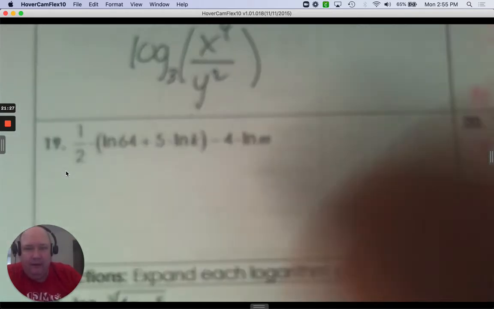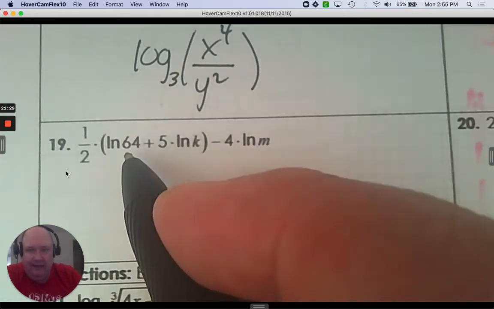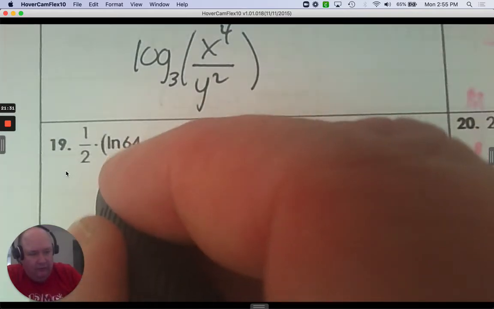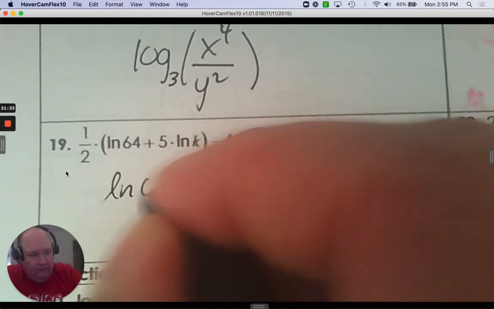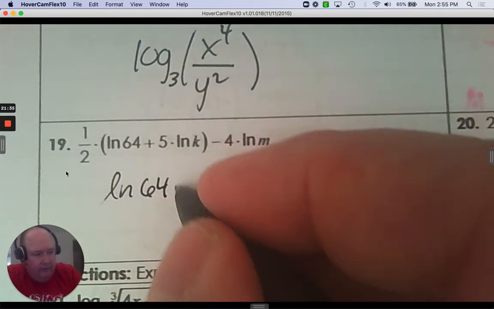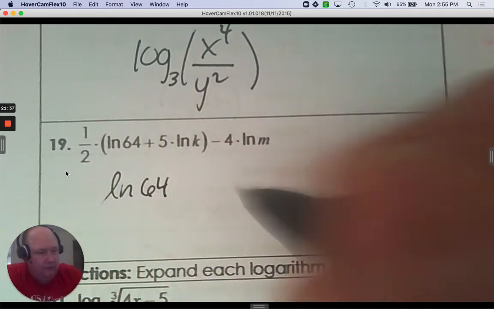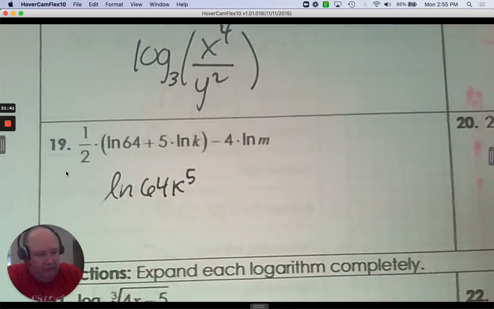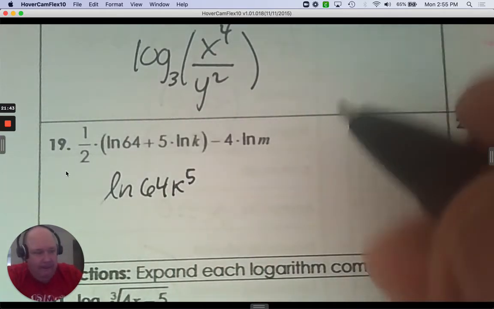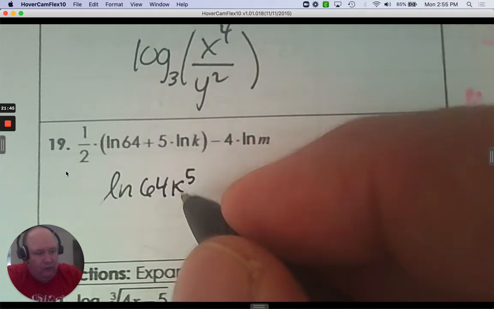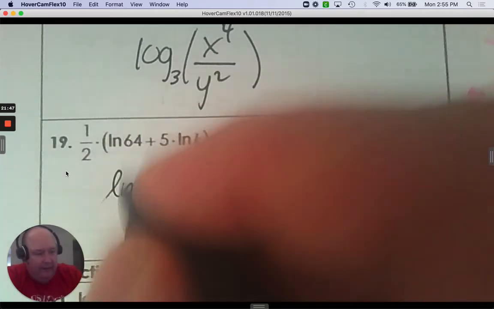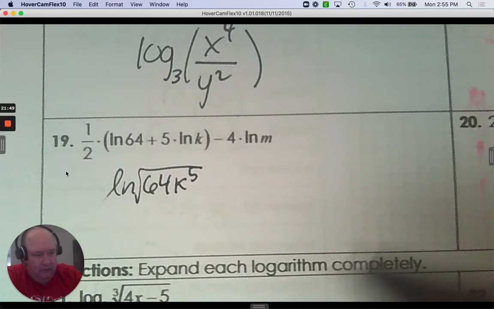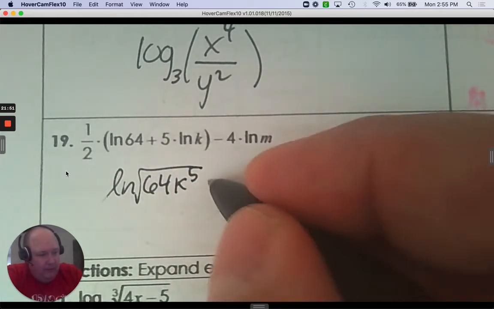Number 19. Again, I'm going to apply what I can here. So first of all, it's 64 times k to the 5, because that 5 is the exponent for k. And it's the square root. The exponent 1/2 means square root. And that's subtract.